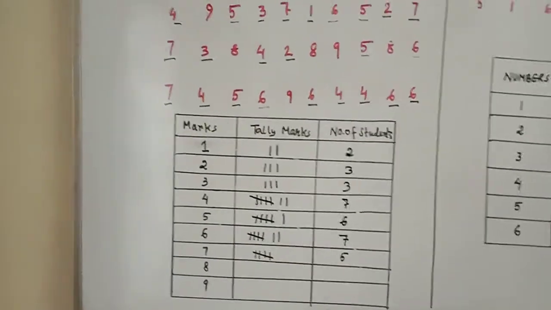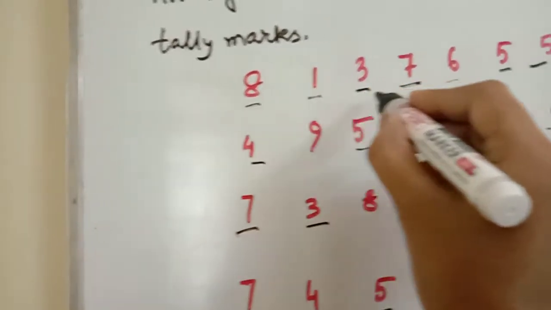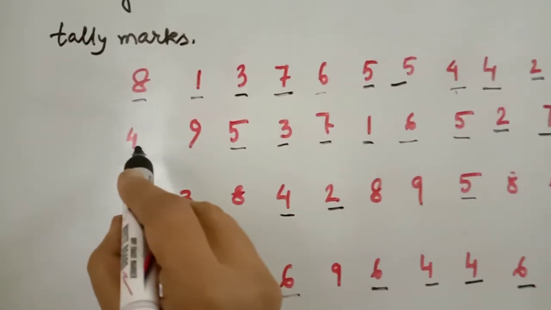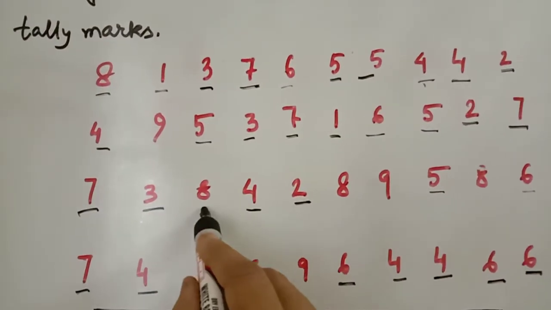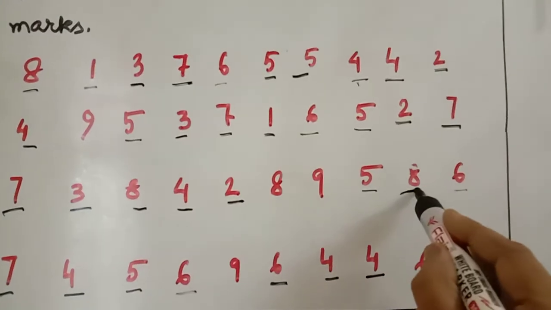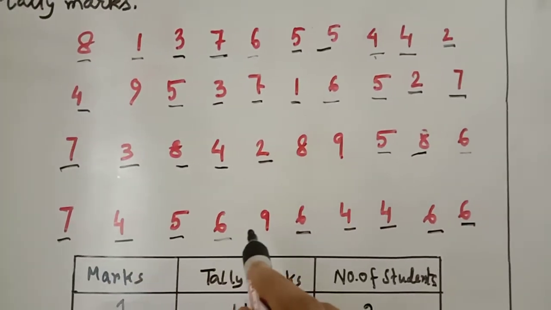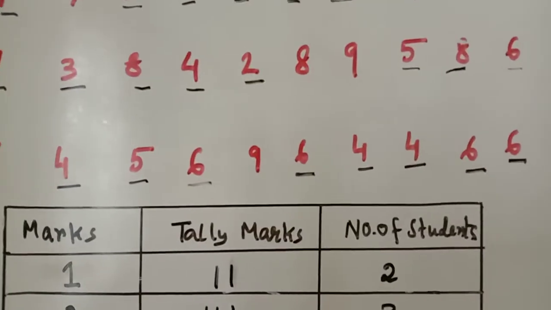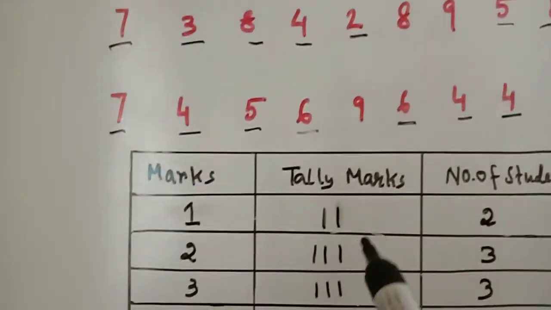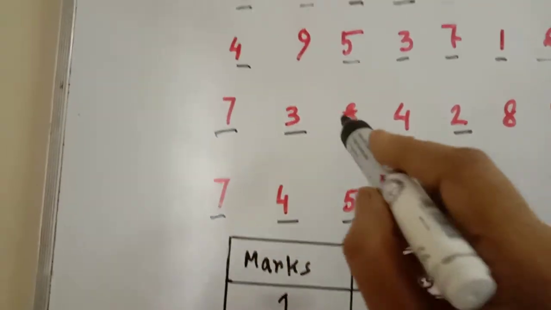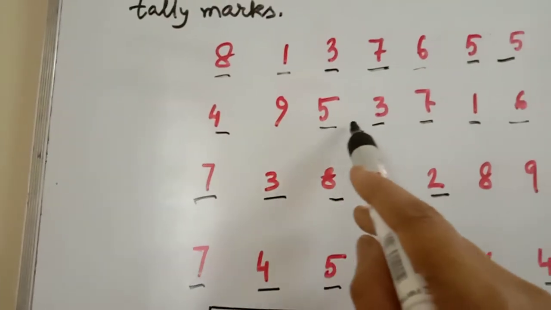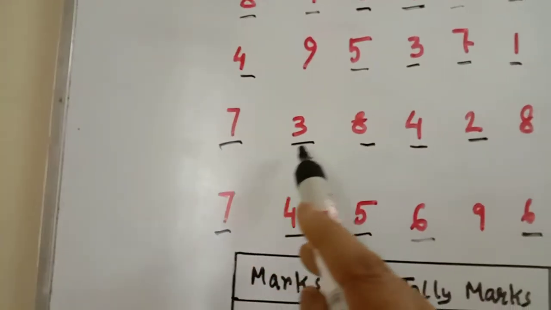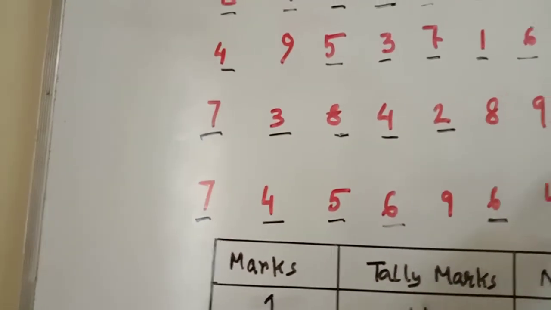Now 8. How many times can you see 8? Okay, count. 1, 2, 3. 1, 2, 3.